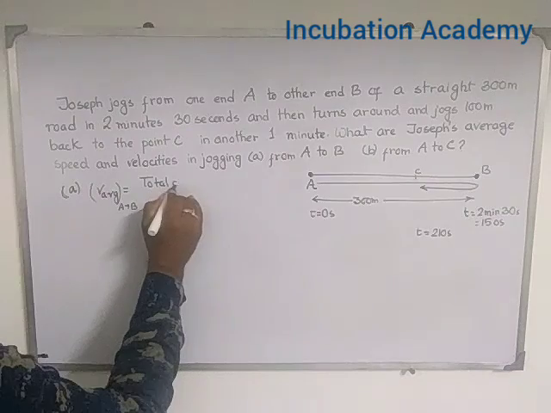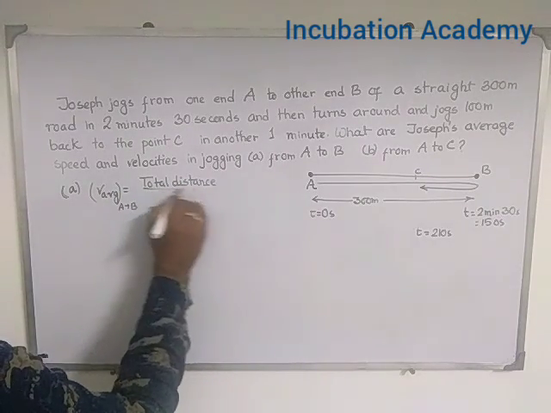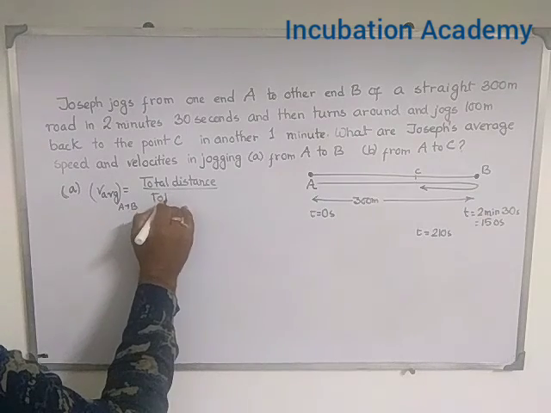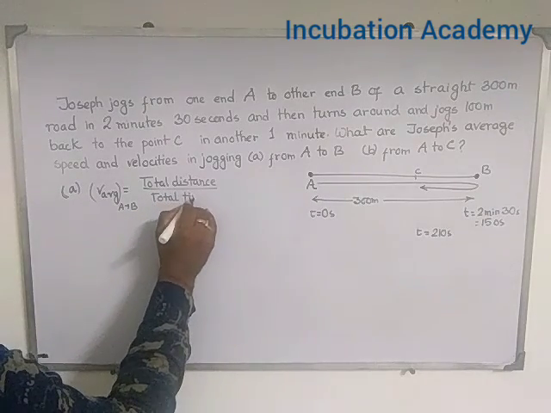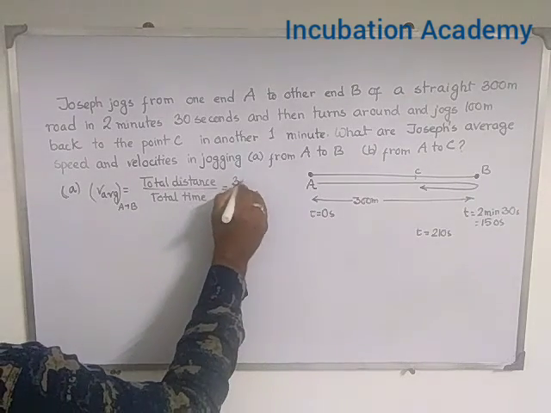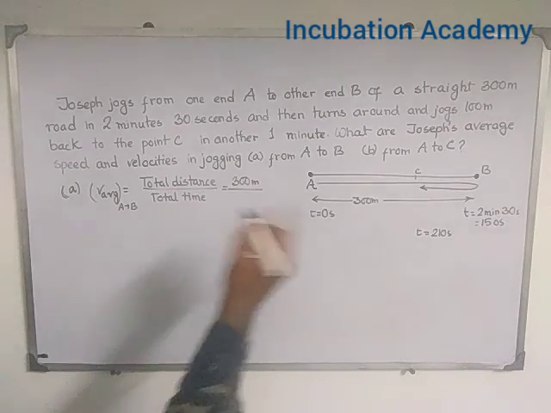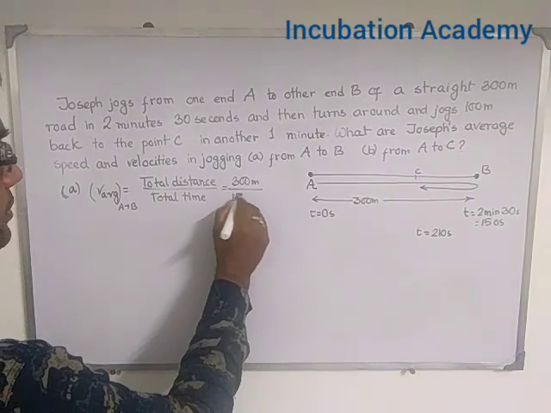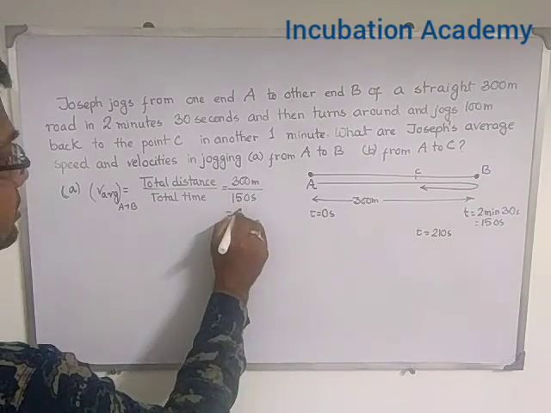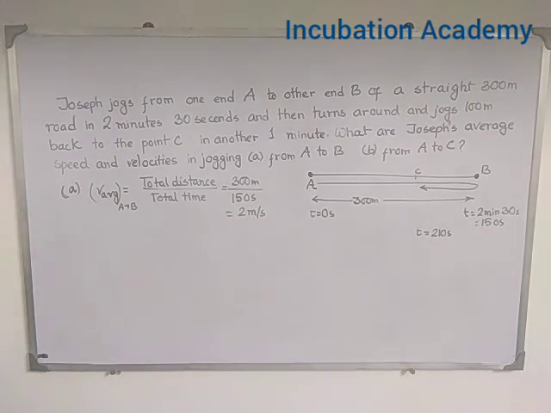Total distance divided by total time. What is the total distance? The total distance is 300 meter. What is the total time? Total time is 150 seconds. So you can simply say the average speed is 2 meter per second.